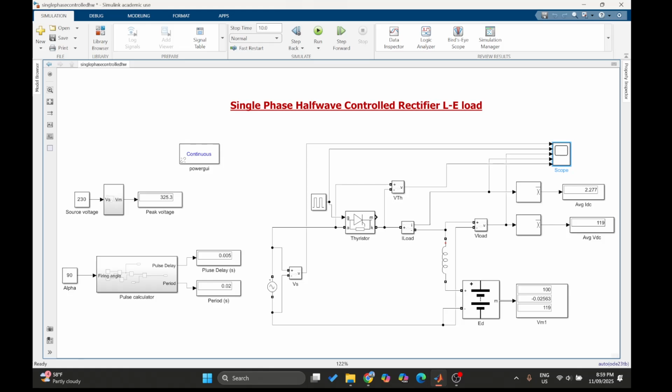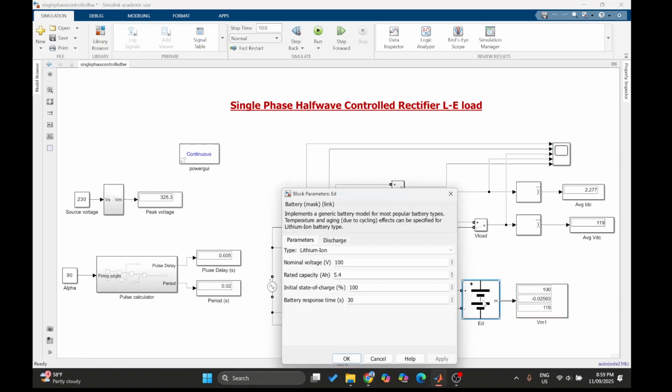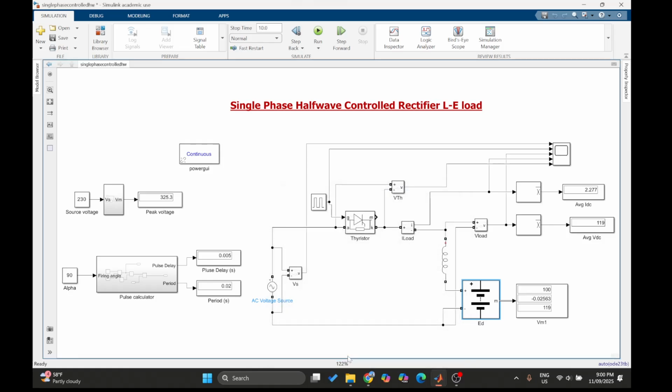Now the next effect is, if the ED is more than the source voltage, our source voltage is 230, if we say 250.